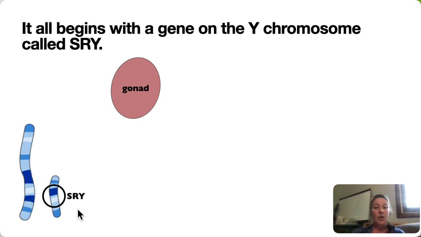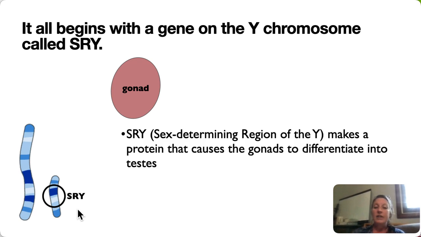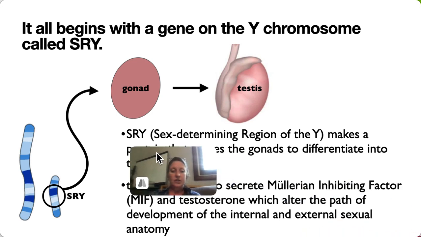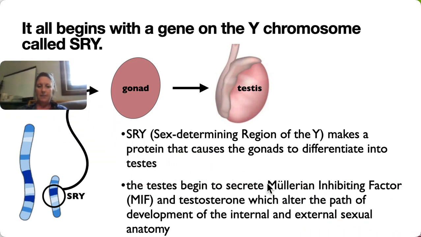Anyway, we have the SRY gene, and the SRY gene makes a protein that acts on the gonads. The gonads are primitive structures that can either become ovaries or testes. It causes the gonads to choose the path of becoming testes. And these testes then begin to secrete two things.